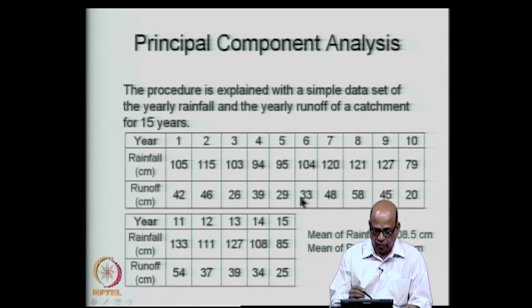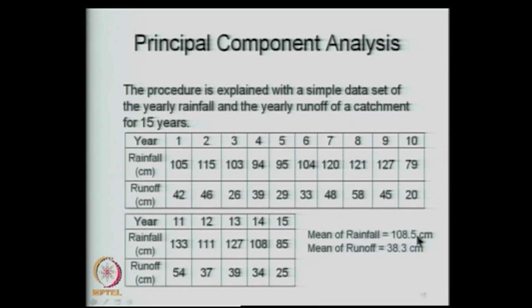So, these are 15 values. The mean of rainfall is 108.5 centimeters and the mean of runoff is 38.3 centimeters. With this, we will see how we obtain the principal components.